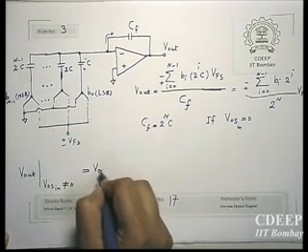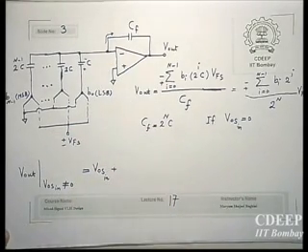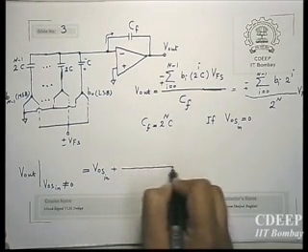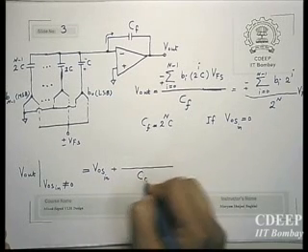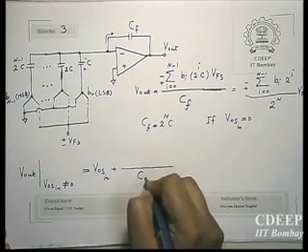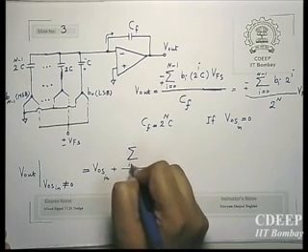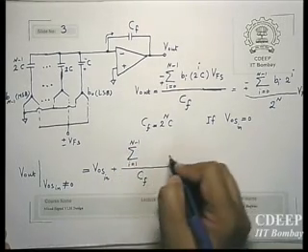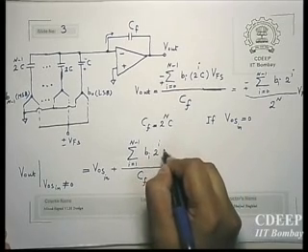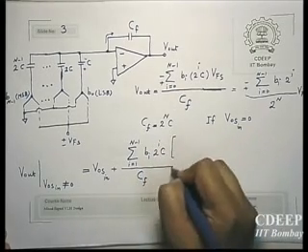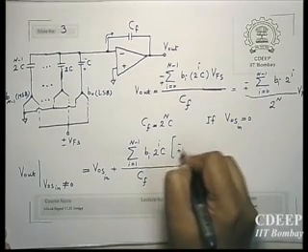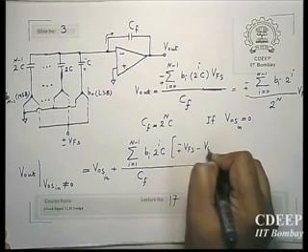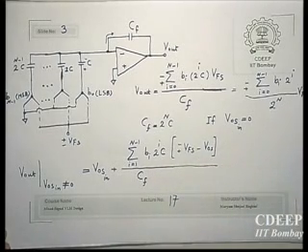So you will have one term which is V offset in here, and you will have another term which has V offset inside the fraction. So this will be the new relation for V out.